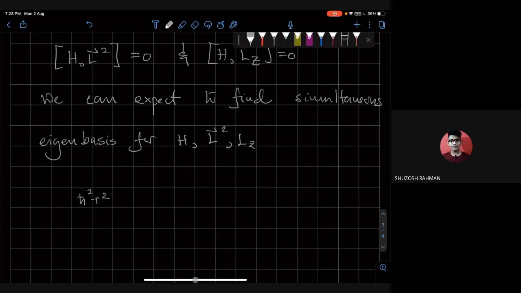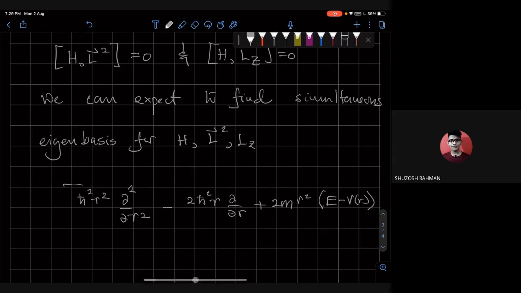Then our Schrödinger equation becomes h-bar squared r squared. So what we're doing is we're multiplying by r squared and other factors. So this is minus 2h-bar squared r. Let me know if I make any mistakes, there's no guarantee that I won't make mistakes. So the energy eigenvalue is constant, but V of r is not.